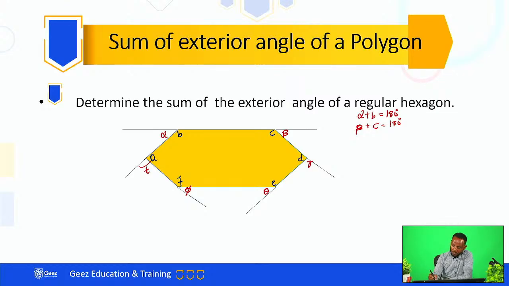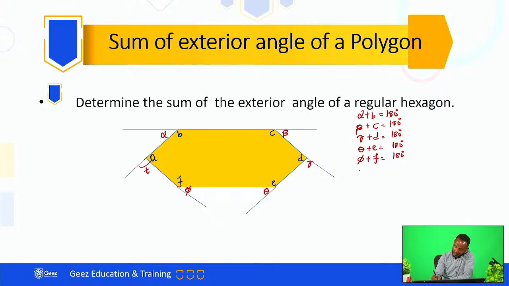So we have alpha plus B is 180 degrees, beta plus C is 180 degrees, gamma plus D is 180 degrees, theta plus E is 180 degrees, and phi plus F is 180 degrees.